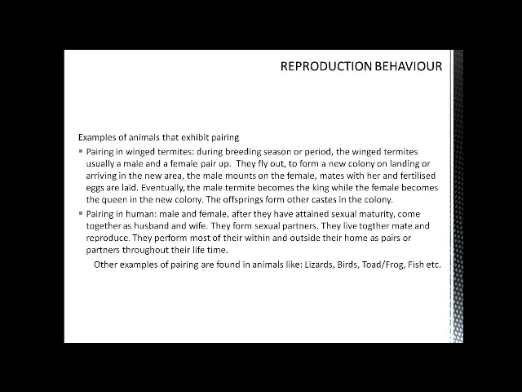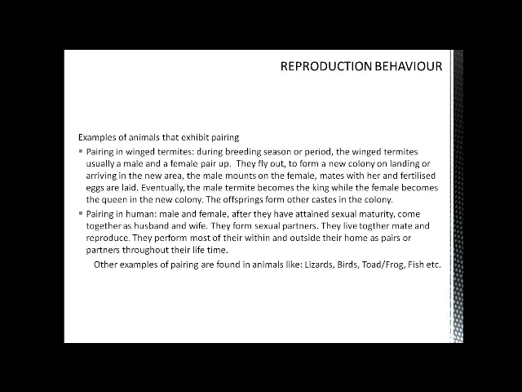Examples of pairing in animals. One of the examples of pairing in animals include the winged termites. During breeding season or reproductive season, the winged termites, usually a male and a female, pair up.